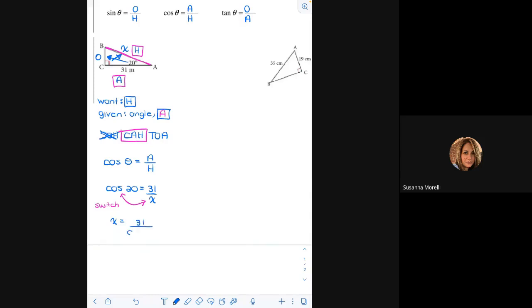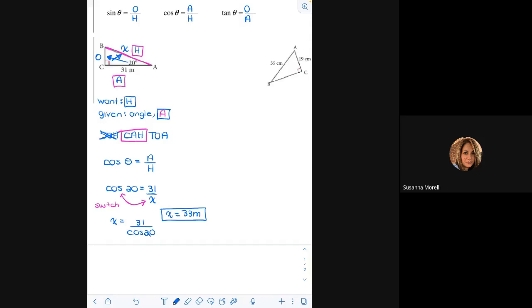They'll trade places, and cos 20 will come down here. We're going to put that in the calculator. So X turns out to be 33 meters.